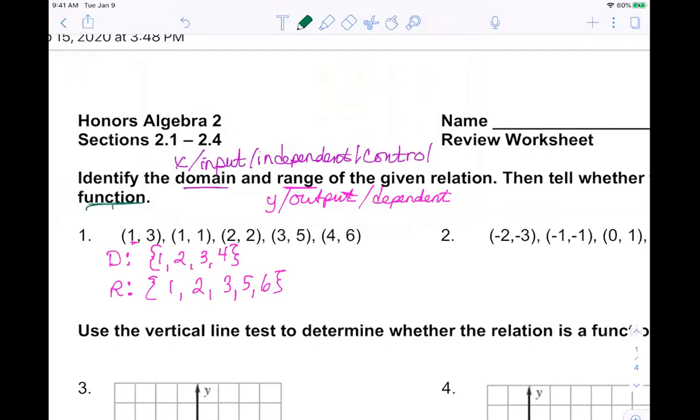Yeah, very nice. I like that. So she said each X has its own Y value. It can't share one. So Alyssa, based off of the definition you gave us, is number 1 a function?